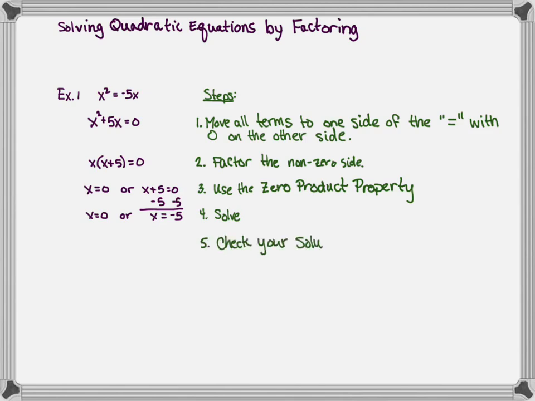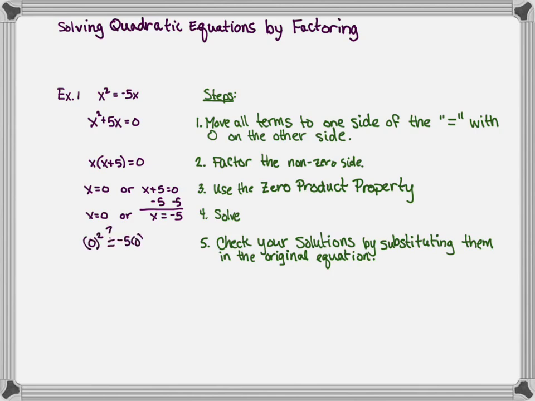And we can always check our solutions by substituting our values into the original equation. When I do that with 0, we get, does 0 squared equal negative 5 times 0? And here 0 equals 0, so yes, that first solution works. And we'll check the negative 5.